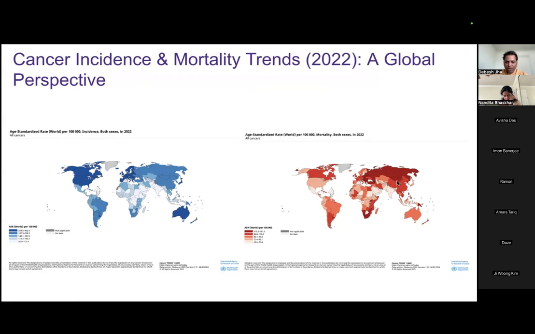But when you move to mortality rate, then you can see the highest number of mortality in Russia, Mongolia, for example, China, and also some part of Europe, North America, etc. So there is no region that is left from the cancer, but as compared to the European countries or North America, usually Southeast Asia or African countries have lower number of incidents, and this might be also because of data collection issue and so on. But from here you can see in the entire world there is a lot of cancer.